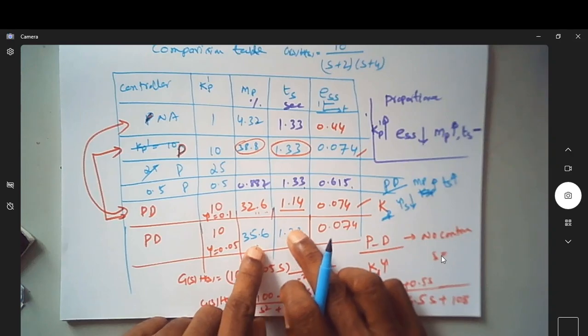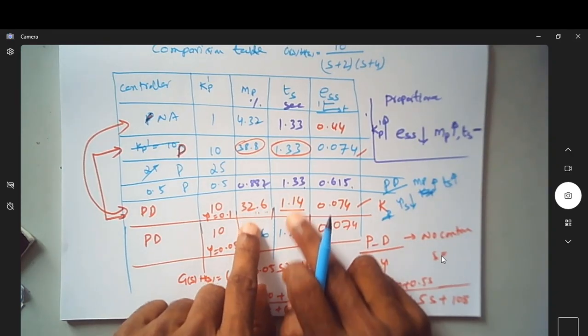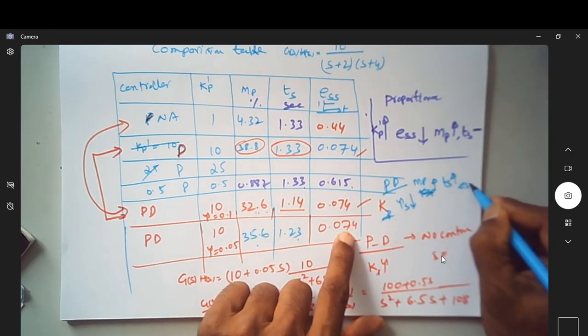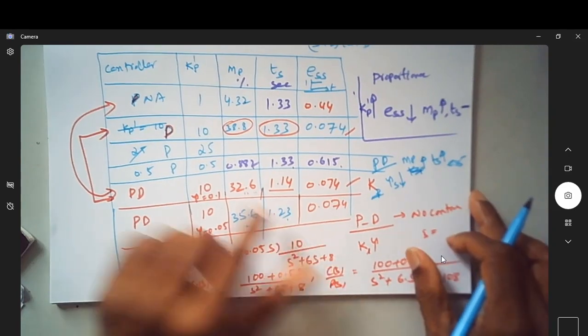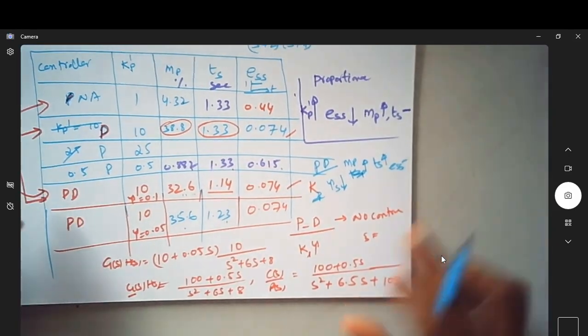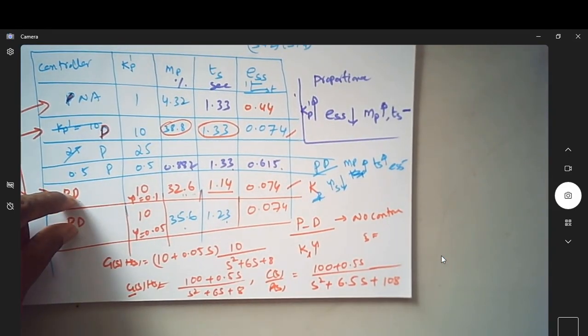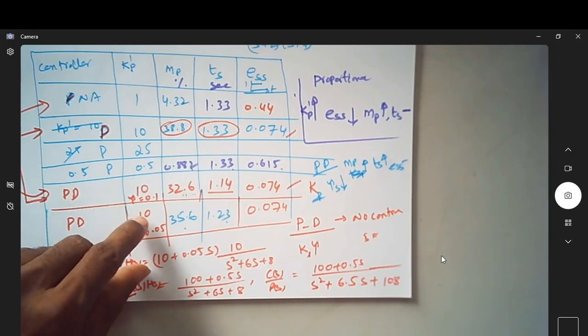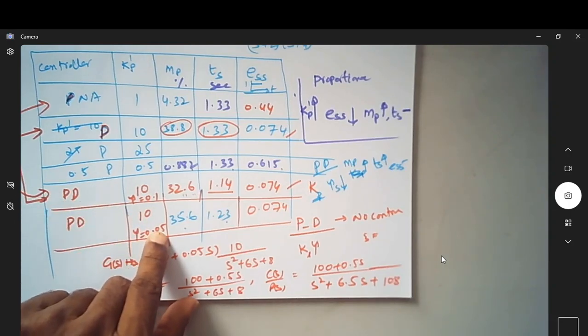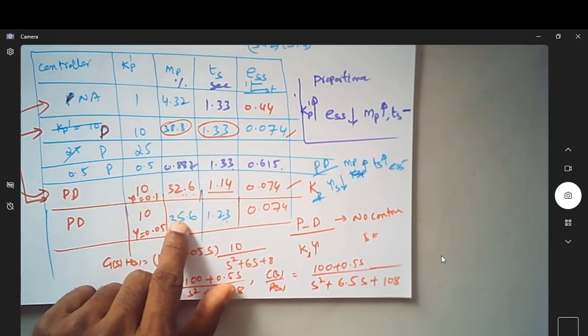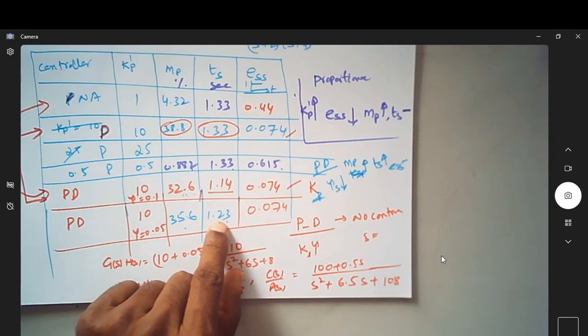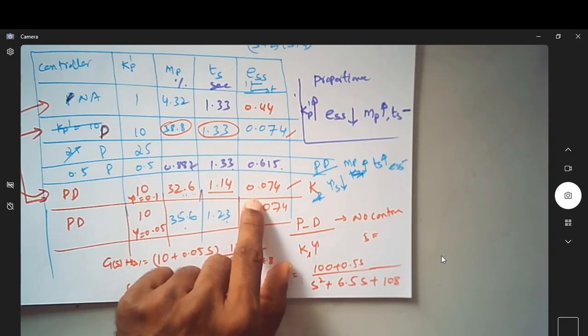You can see compared to these two, TS has increased, and ESS remains constant. So what I am trying to say is, among PD controllers, if you reduce the value of tau, the overshoot will increase, the settling time will also increase, but this remains constant.